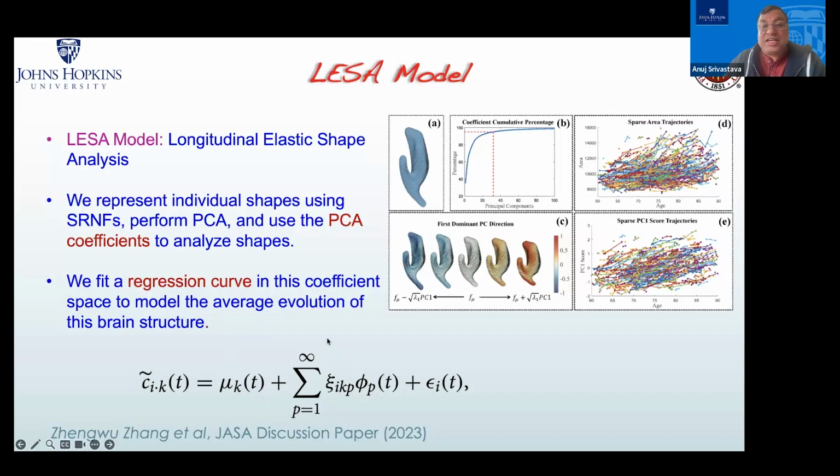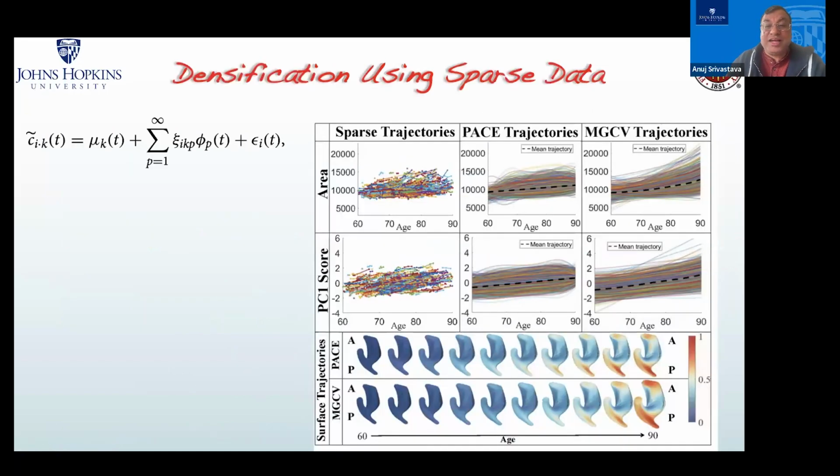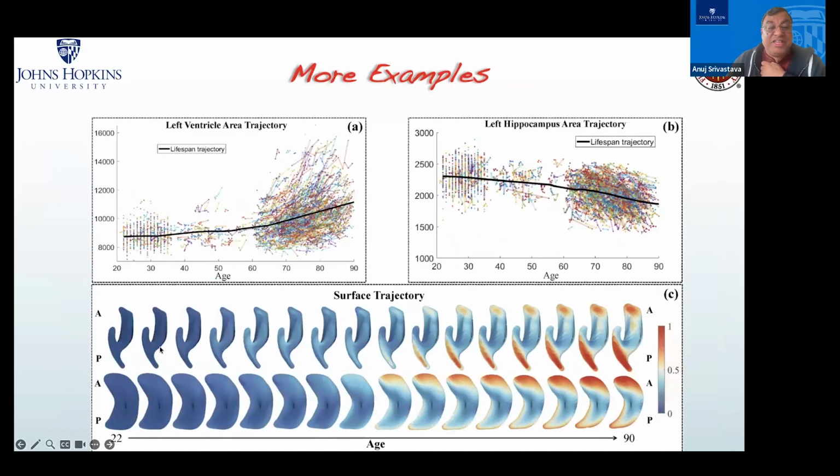I'm going to describe a little bit more about the tools that were needed. But the bottom line is that at the end, we were able to estimate in a statistical sense an average trajectory with data that is coming from a few scans per individual, but tens of thousands of individuals.